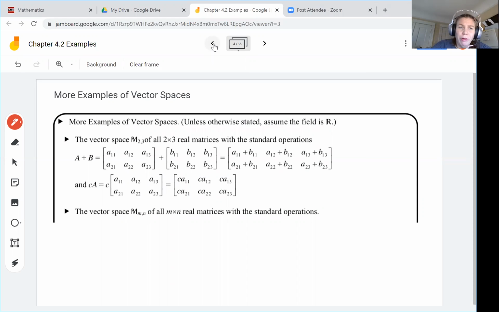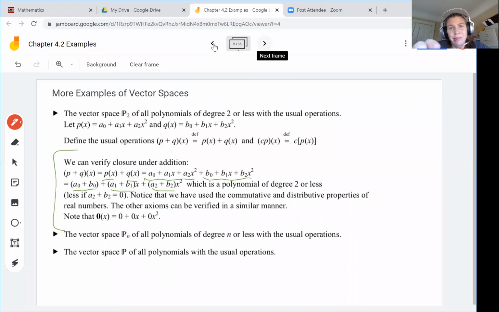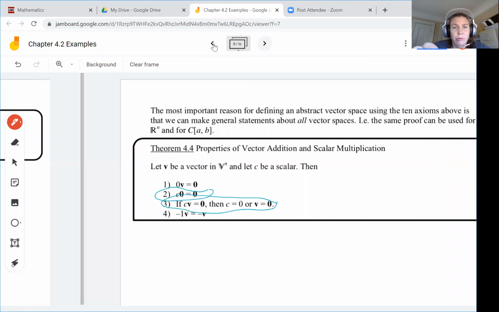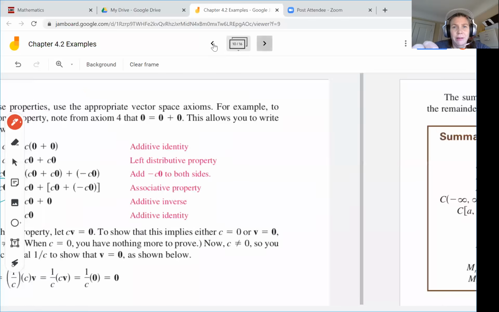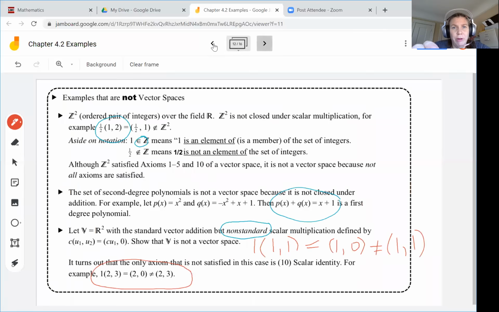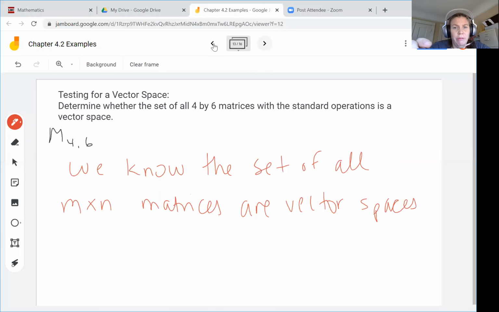So we know if we add up the matrices, we still get, in this case, a 2x3 matrix. And if we multiply a scalar through, we still get a 2x3 matrix. So the same reasoning holds for a 4x6 set of matrices. So you can verify if you want to check.